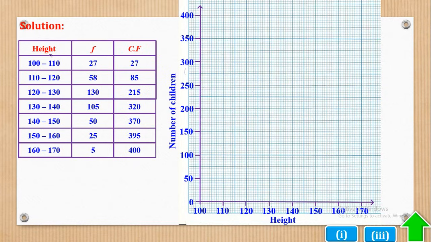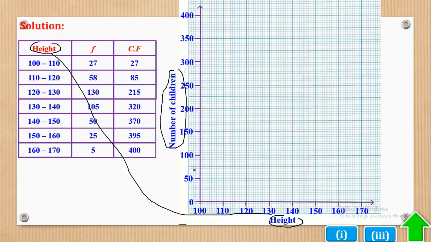Now what I think you realized, in your O-level you used to put cumulative frequency here and upper class boundary here, but now we no longer need that. What we need are these very parameters given. For the classes they gave you height, so that's what you put here. Then for the frequency they gave you number of children, so that's what you put here. You don't need cumulative frequency anymore.